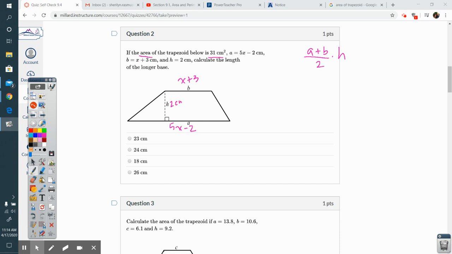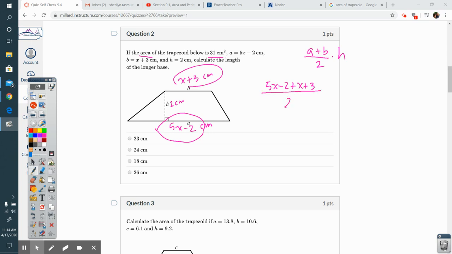All those are centimeters. I should have put that in there. But okay, so if we plug that in, we take A, which is right here, add it to B, divide by 2, and multiply it by the height. So we have 5x minus 2 plus this one right here, x plus 3.